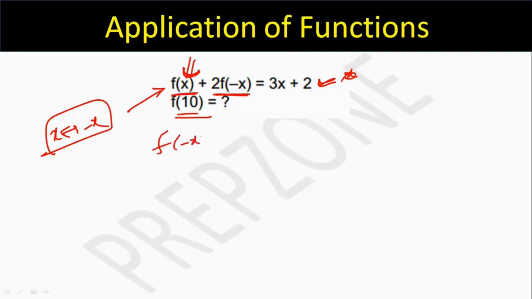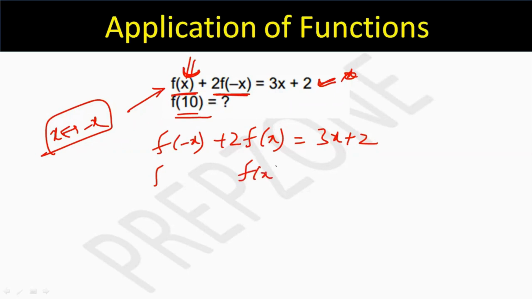So your second equation will be f of minus x plus 2f of x is equals to 3x plus 2. Right now you can assume fx to be मतलब variable मान लो, else you can just solve this. This is fx, this is 2f of x, and this is 3x plus 2. Sorry, I think this will be minus 3x plus 2.